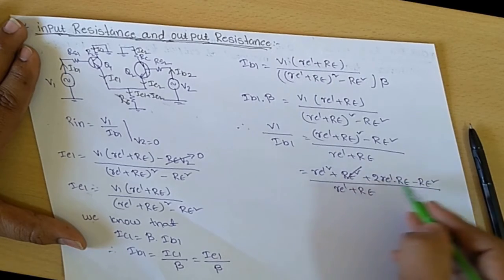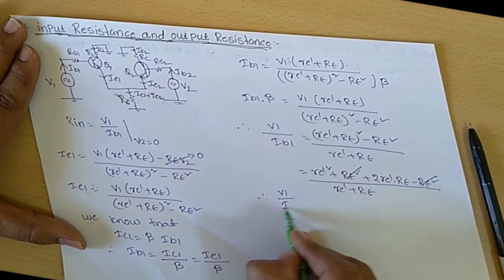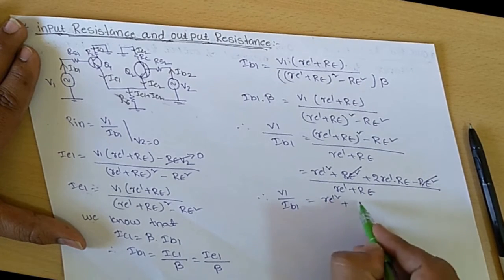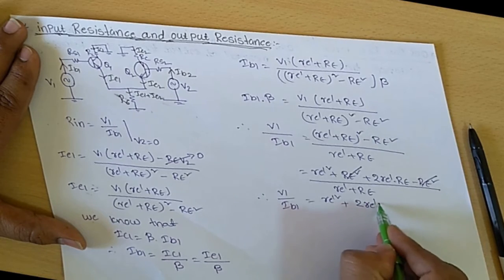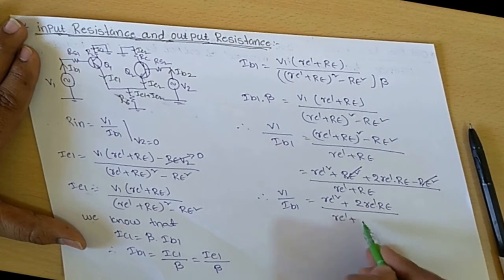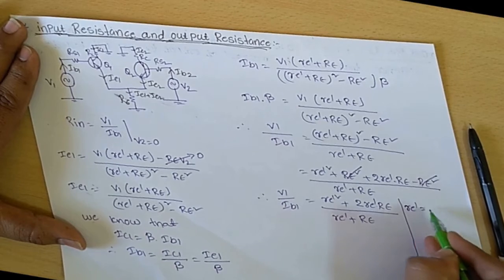So here RE square cancels. Therefore V1 by IB1 equal to RE dash square plus 2 into RE dash into RE whole by (RE dash plus RE). Okay, here we are considering one important point: RE dash equal to what?